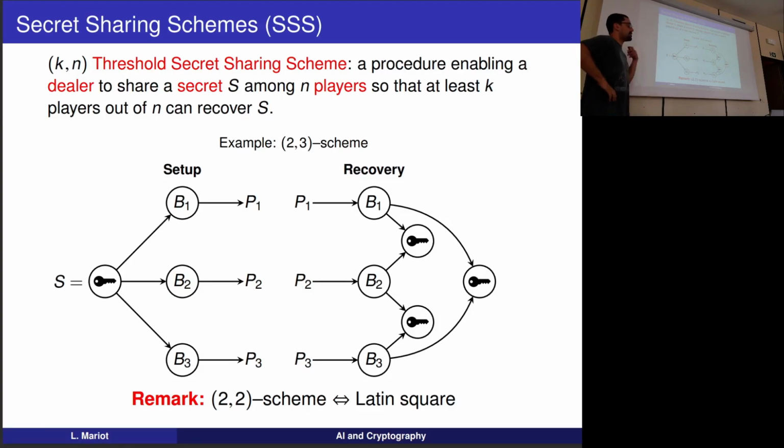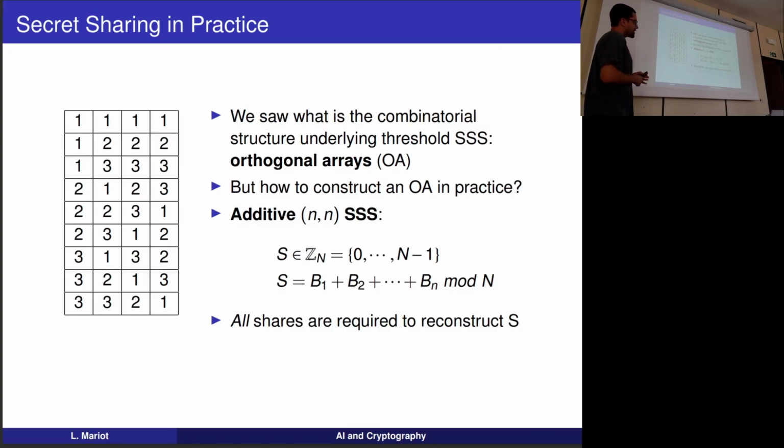On the other hand, if they try to do that alone on their own, they won't have any possibility to learn anything about the secret, because they will see either on the row or on the column all numbers going from 1 to n, and everything is equally likely. So, like we said, there are Latin squares for 2 out of 2 threshold secret sharing.